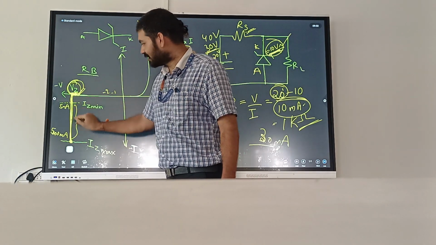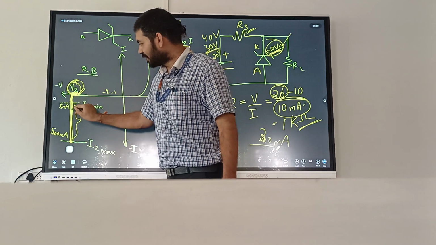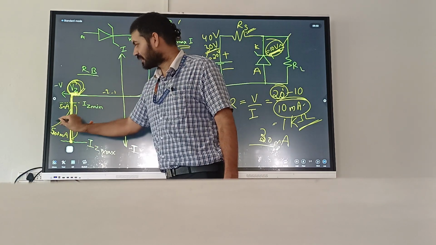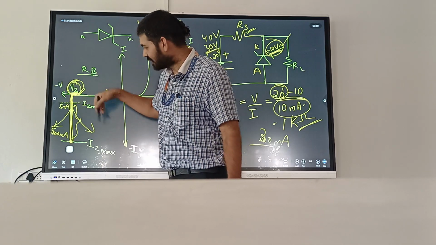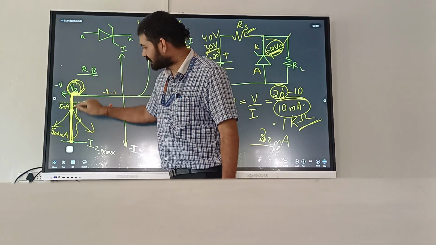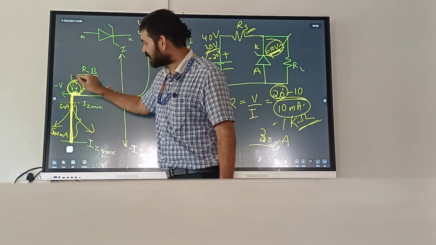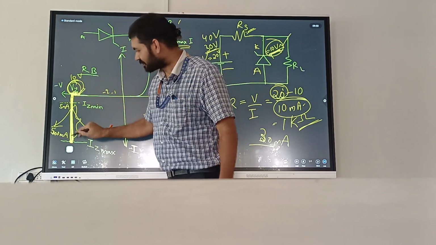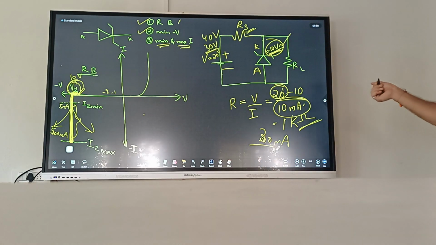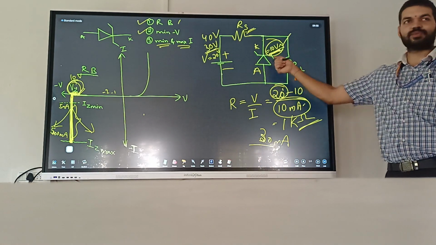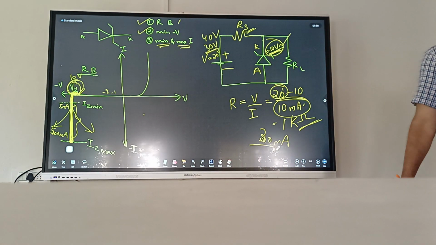See this line, it is a straight line. If it goes like this, yes, we can say Vz is varying. Or if it comes like this, Vz is varying. But this is a straight line, saying that Vz, say it is 10 volts, then it is 10 volts only. So this is how Zener can be used as voltage regulator.